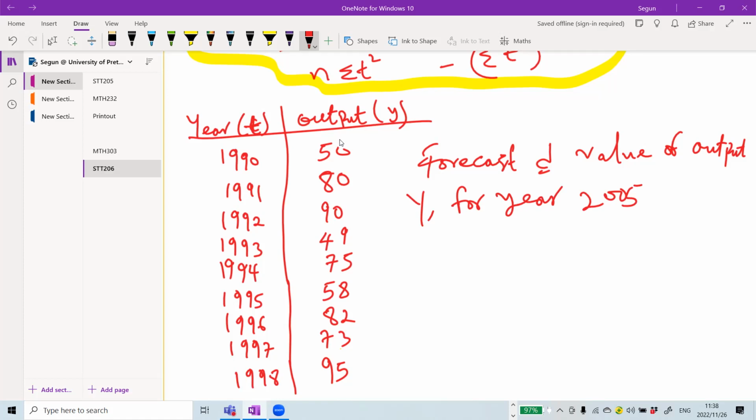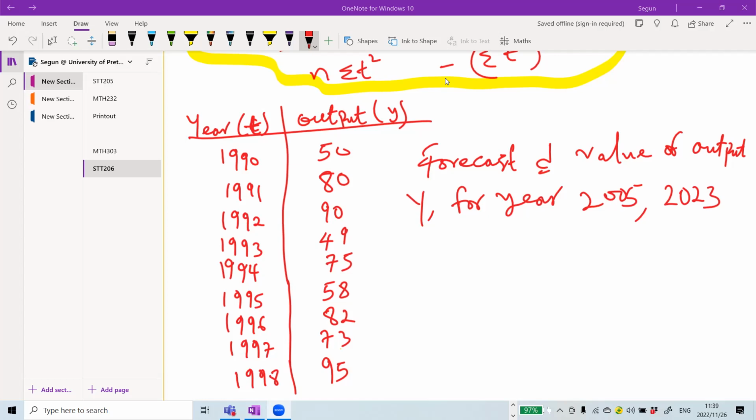You can actually do the same thing for year 2023, based on what you have here. Year 2023.